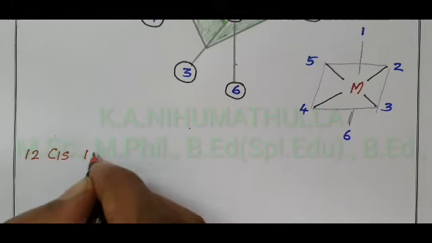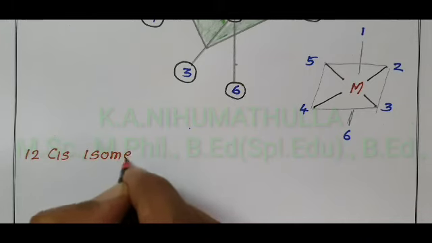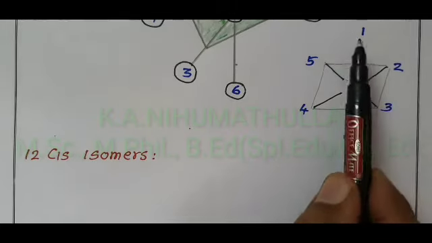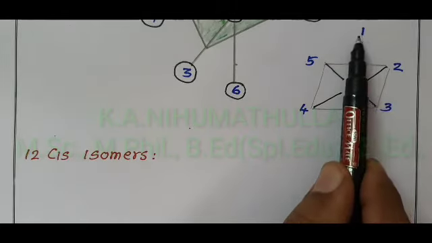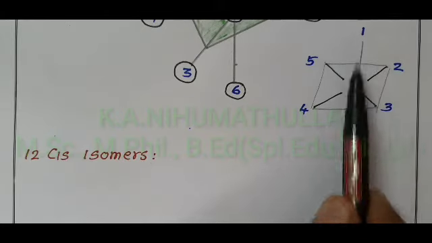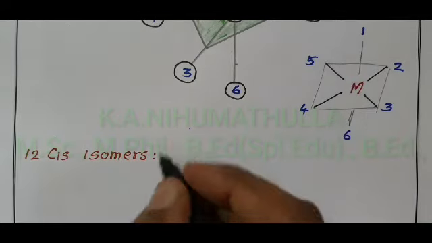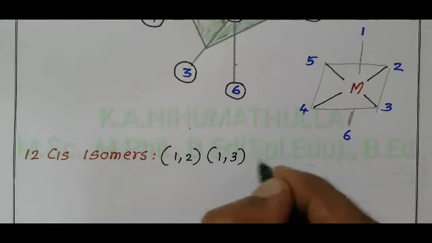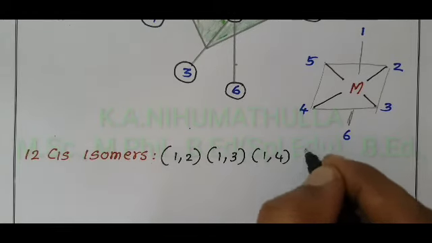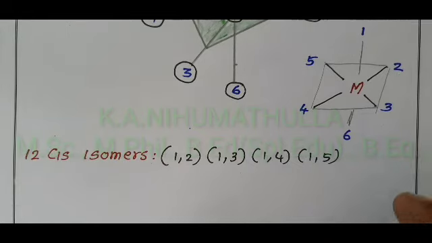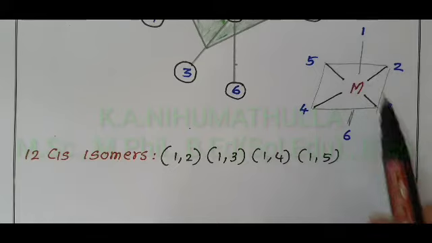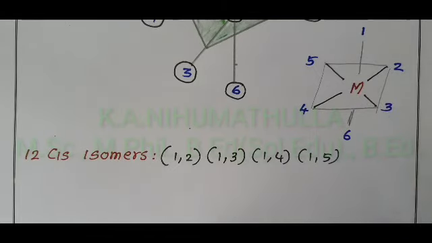How to write the cis positions? Join the first position with all the corner ligand positions: 1,2; 1,3; 1,4; 1,5.